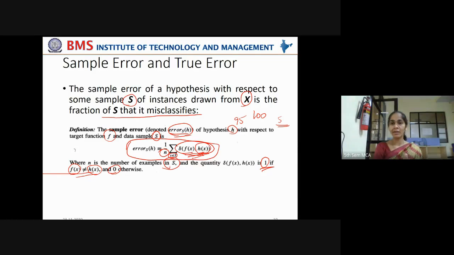If there is an error, it is 1. If there is no error, it is 0. Now add up all those errors. Say it has made 5 errors, 1 plus 1 plus 1 plus 1 plus 1. Total 5 classifications have been made wrong. So the average of that will give you the sample error.